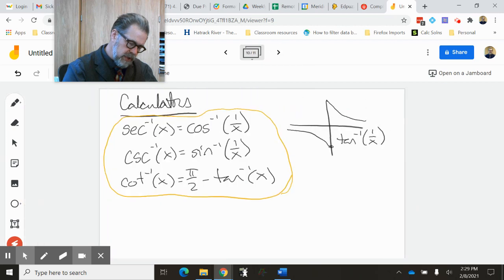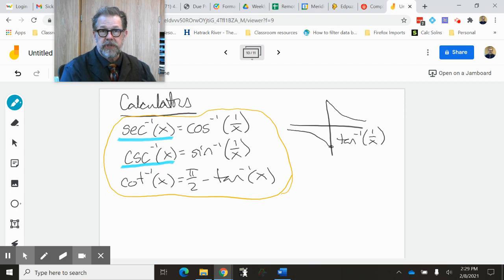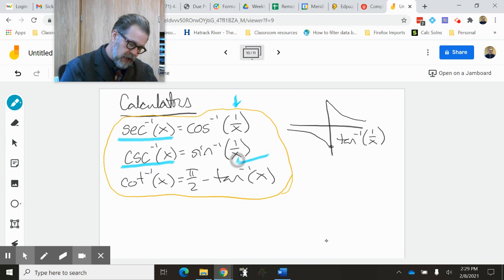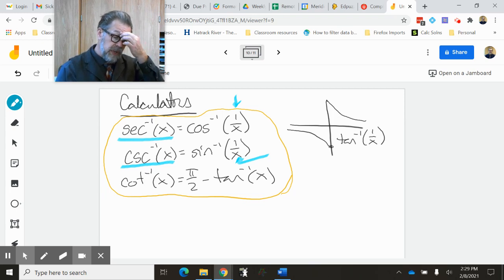Well, in order to find inverse secant and inverse cosecant, here's what we know. We know that inverse secant is equal to the inverse cosine of 1 over the value of x. Same thing for sine. The inverse cosecant is equal to the inverse sine of 1 over x.